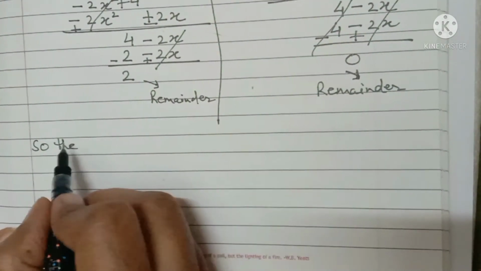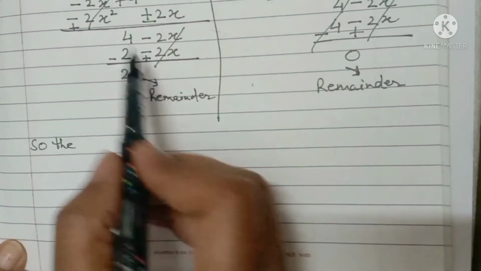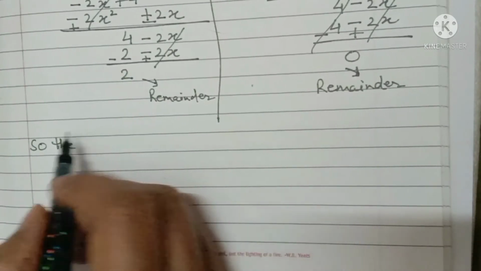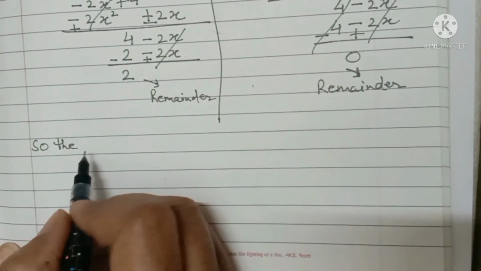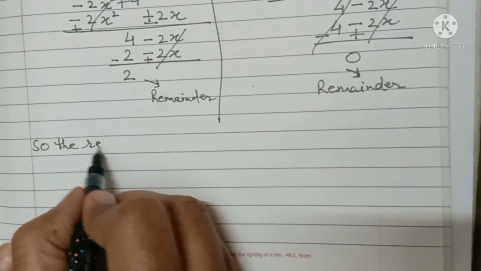Now I have noted what happens when you get the remainder 2.